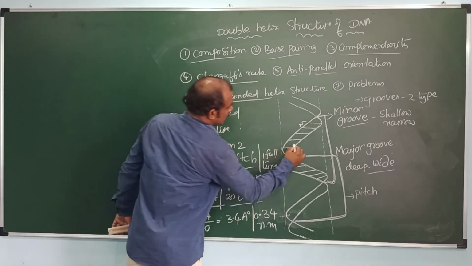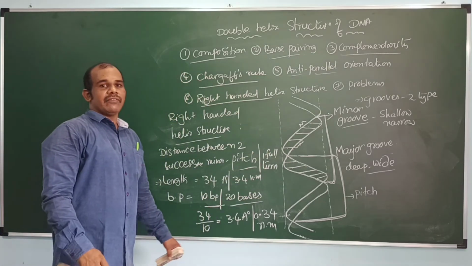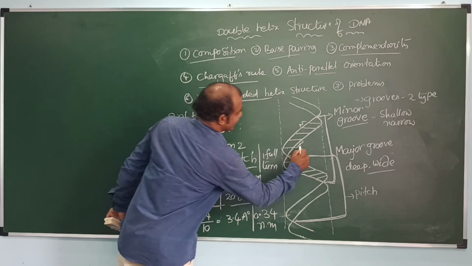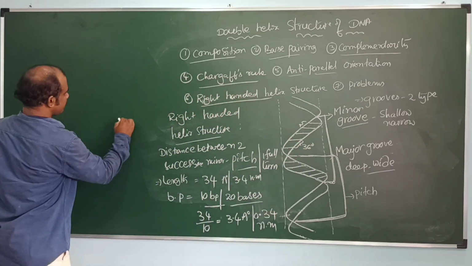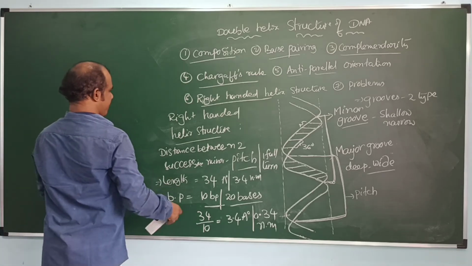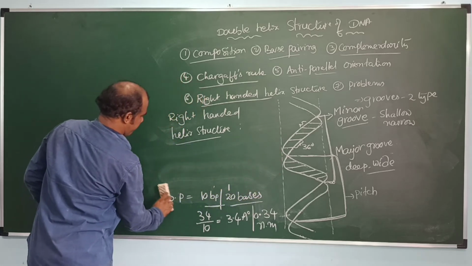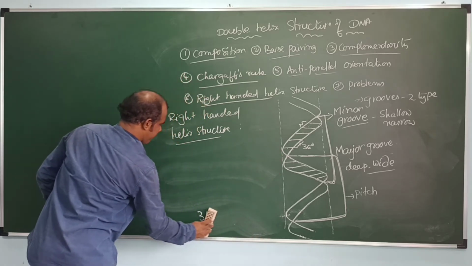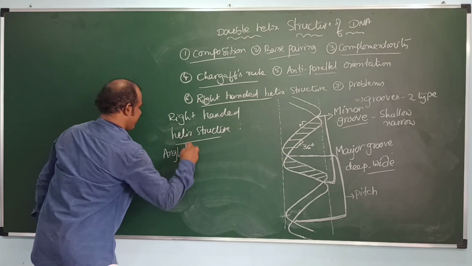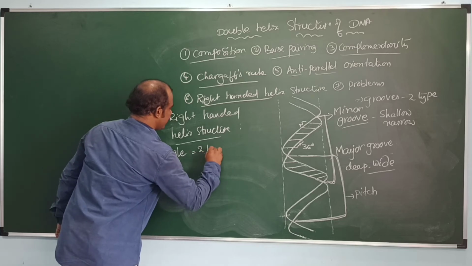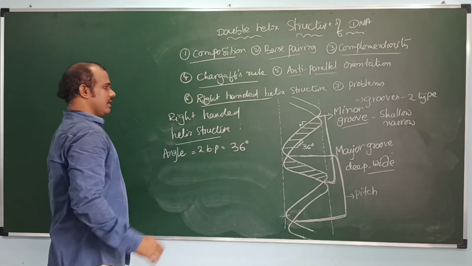The angle between two successive base pairs is 36 degrees.